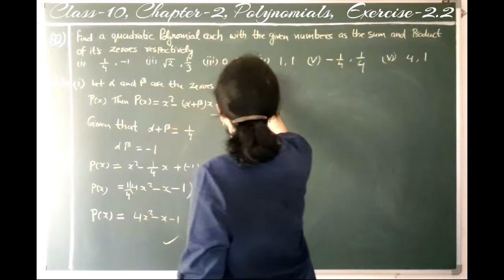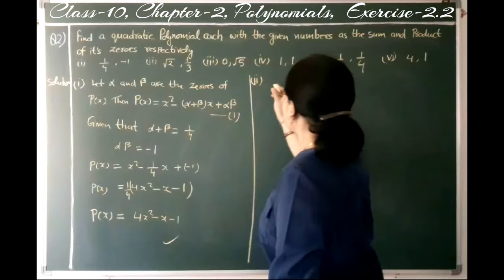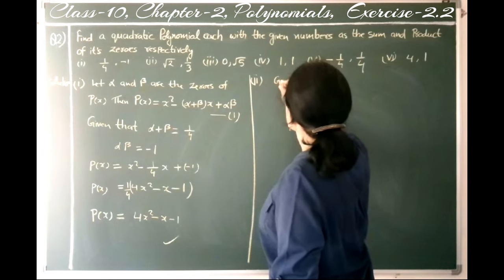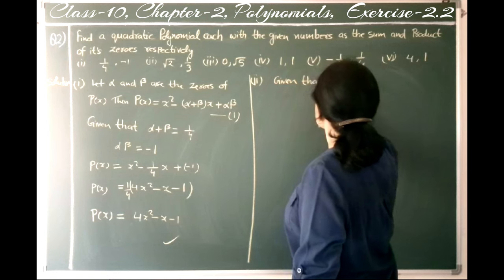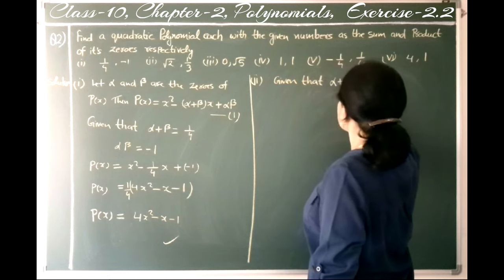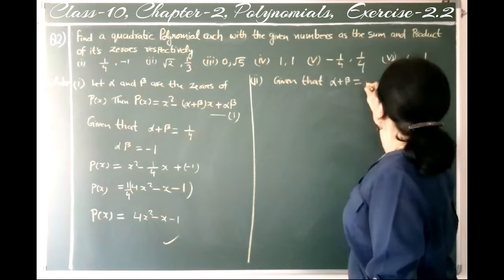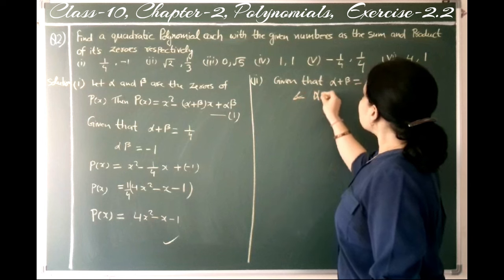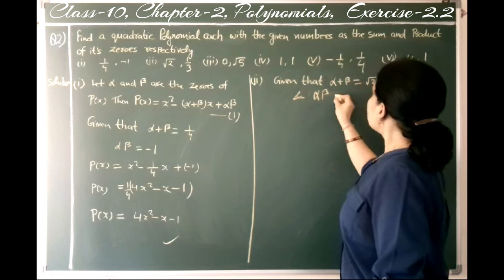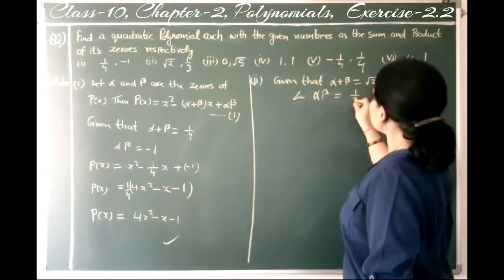In the second case, what is given? Given that, first write what is given. Alpha plus beta is given as root 2 and alpha beta is given as 1/3.